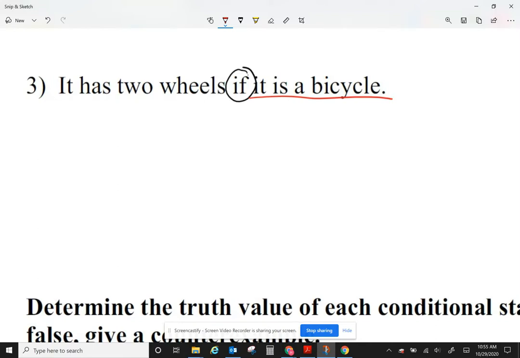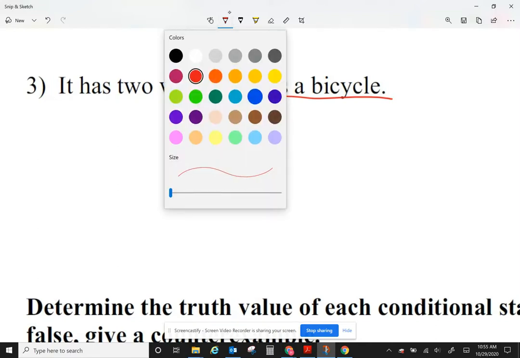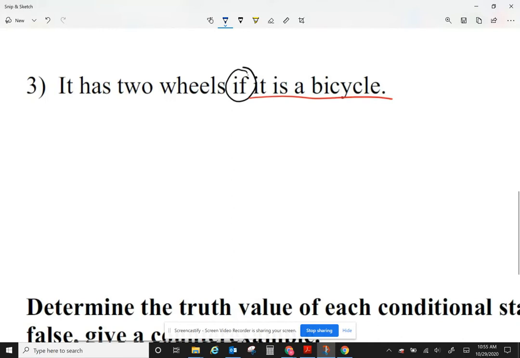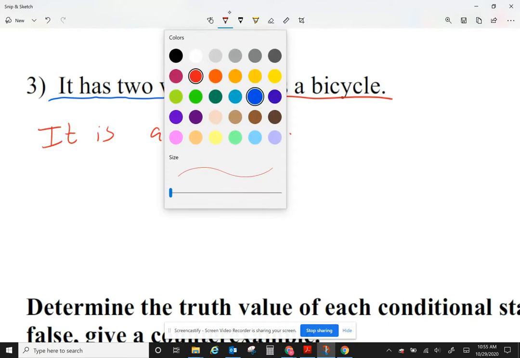It's just the if part. A sentence can start with the word if, but we cannot start with the word then. The conclusion in this case is at the beginning. So if I was asking for the hypothesis, I will write it is a bicycle. Once again, keep it word by word.